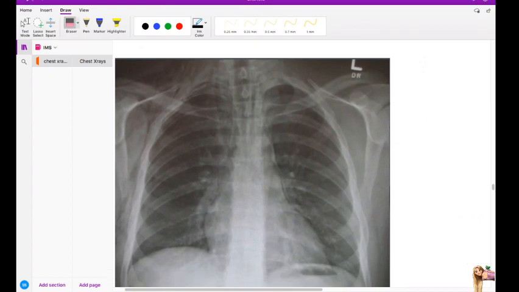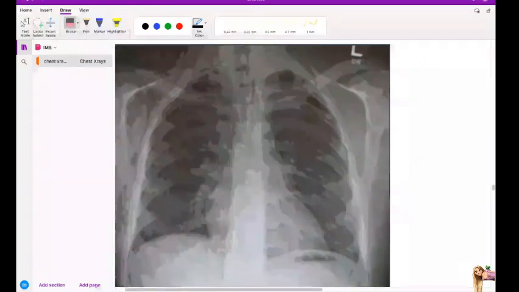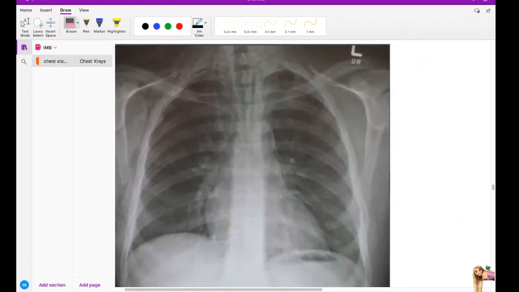Now this one. What do you guys see over here in this X-ray?